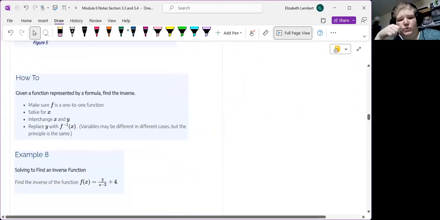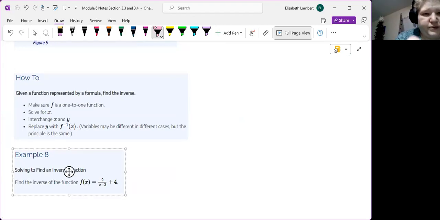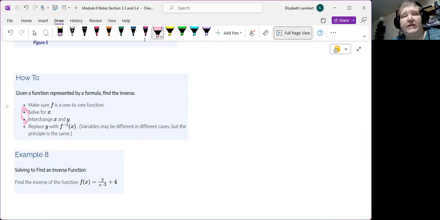Okay, so here is the lovely list of steps for finding an inverse. These two steps can be interchanged. That is the way I learned it. That's the way most math teachers I know learned it. And that's just because solving for y is something that you do a lot more of, especially when you're looking at equations of lines and you're going to graph them.